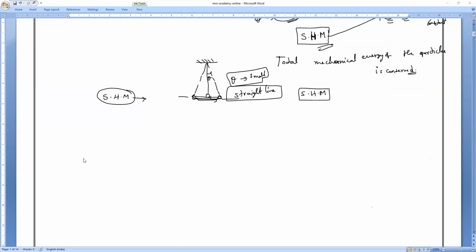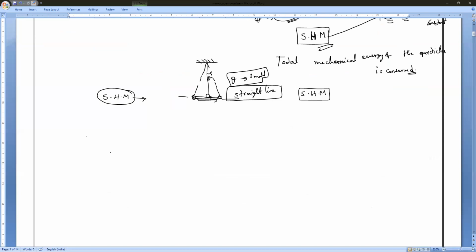So now let us draw the graphical representation of SHM, and see what its characteristics and relations will be. If I take the pendulum, I draw the mean position as a solid line.